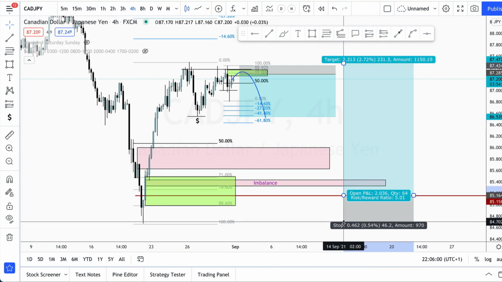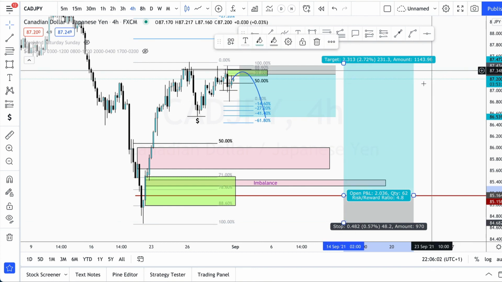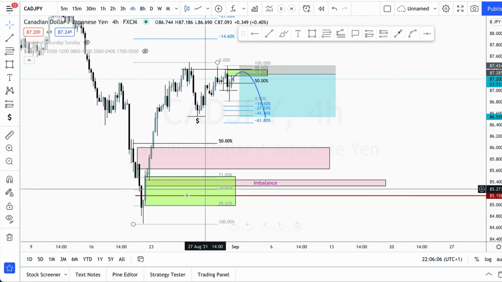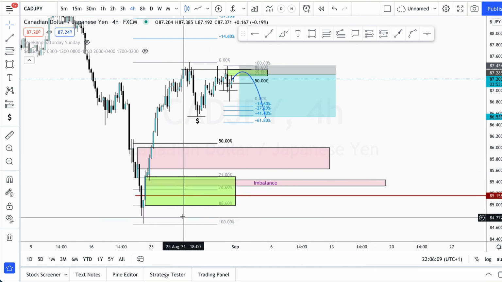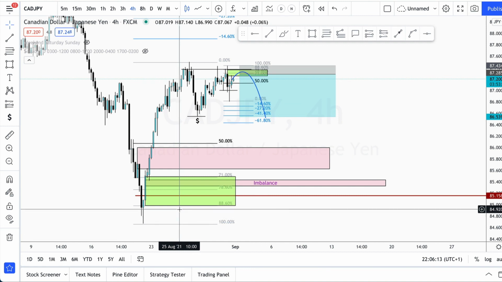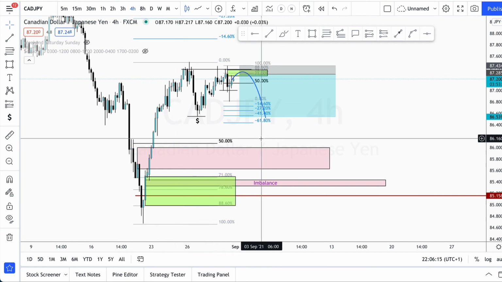And we can probably get a 1 to 5 out of that if we play around with it. Anyway, we can see what price does down there. We can possibly get a double mitigation entry on that. But yeah, that's what I'm looking at for CADJPY at the moment.